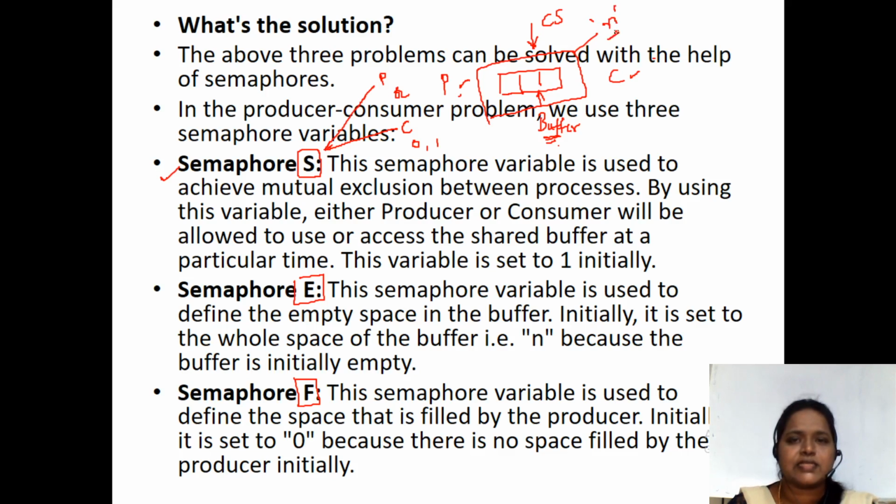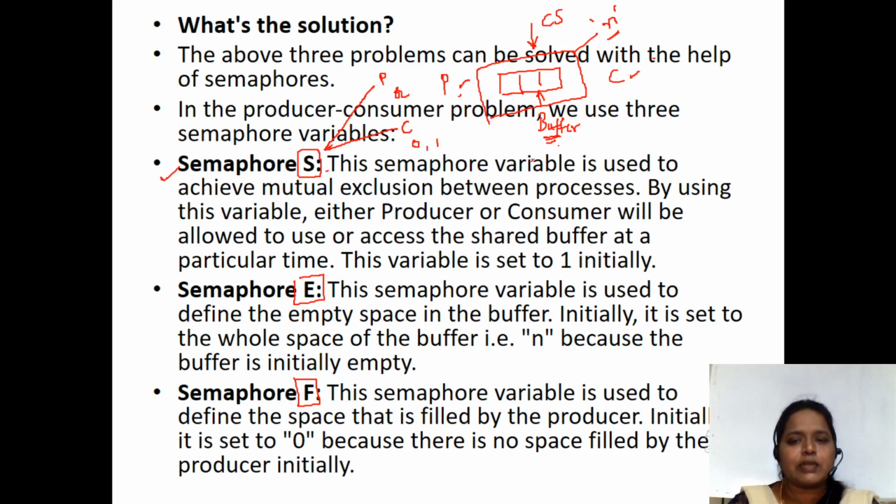Suppose the buffer size is n, that is also fixed. The responsibility of the S semaphore is to check that only one, either the producer or the consumer, is in the critical section. That is the task of the semaphore.